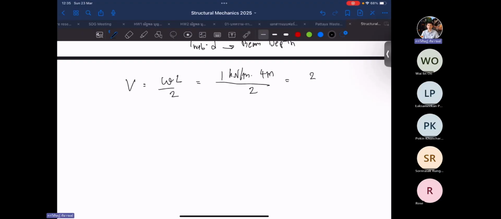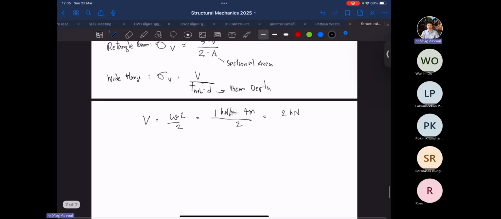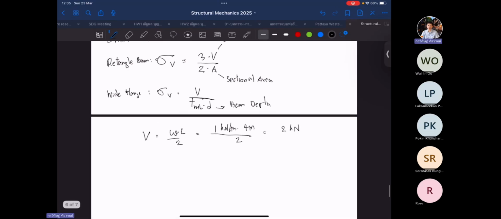So 2 kilonewton as the shear force. So shear stress equals 3 multiplied by shear force 2 kilonewton divided by 2 multiplied by sectional area.